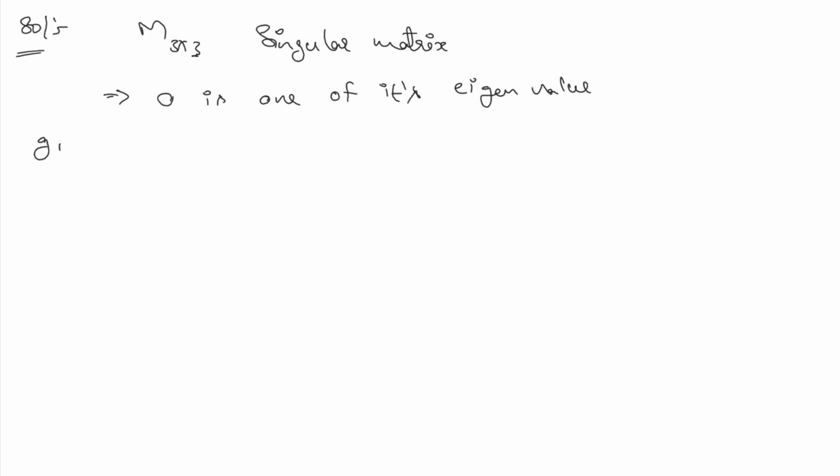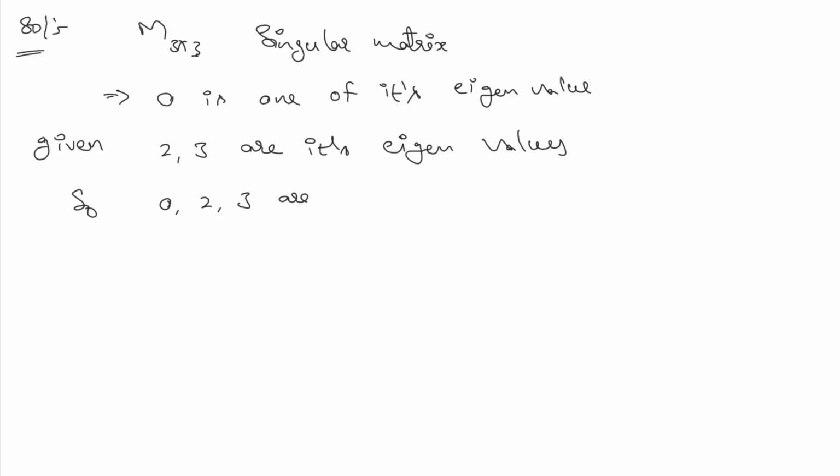And it is given one more condition, that 2 and 3 are its eigenvalues. So in total we have 0, 2 and 3 as the eigenvalues of the matrix M. We can see that all these eigenvalues are distinct.